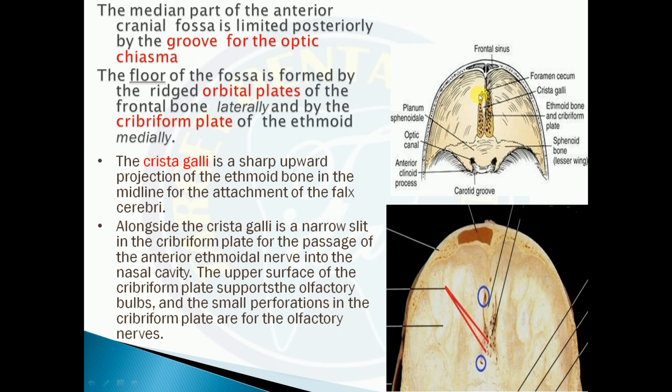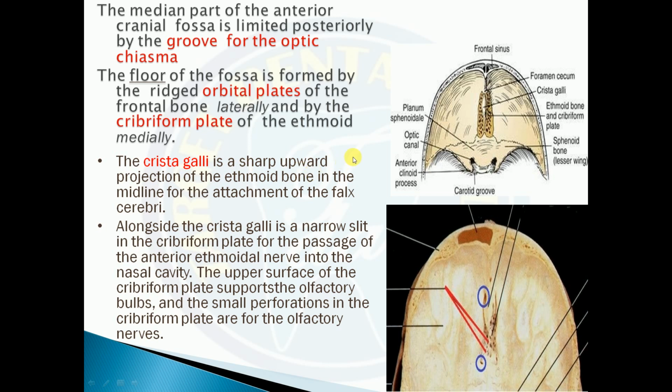So basically the floor is formed by the orbital plates of the frontal bone laterally, and by the cribriform plates of the ethmoid medially. So you have to keep in mind that the floor is formed medially with your cribriform plate and laterally with your orbital plates.